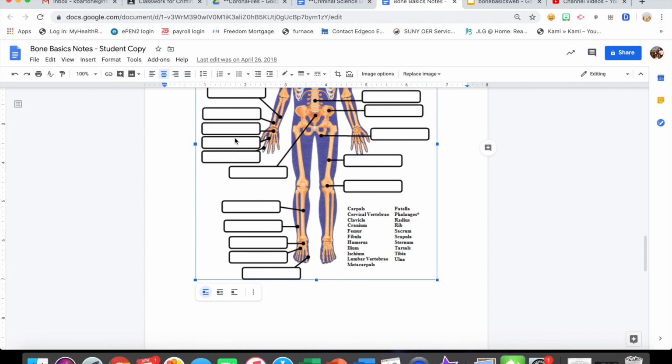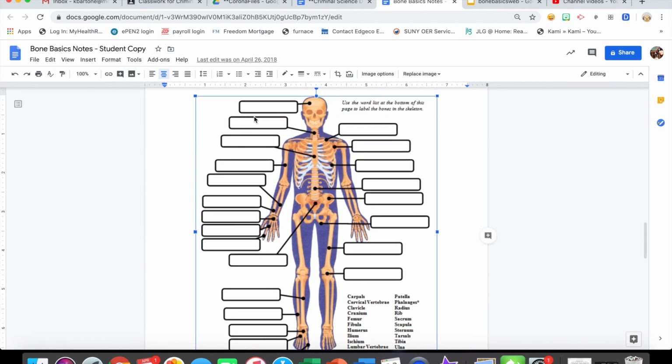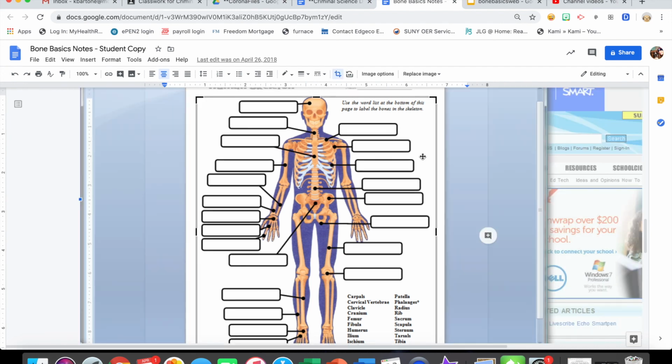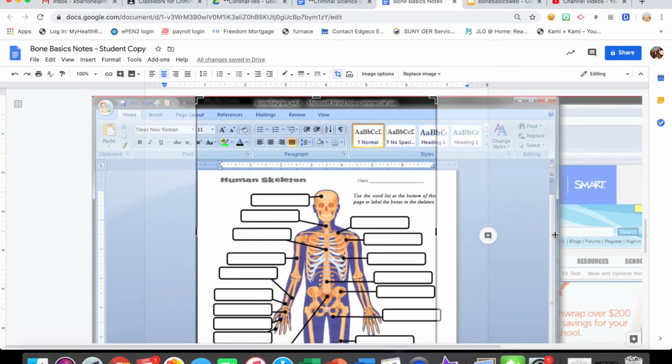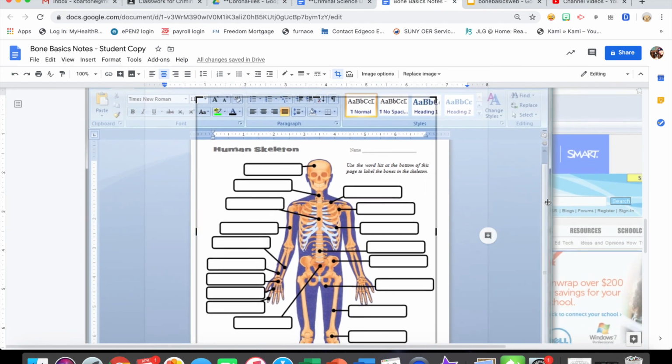You can't currently, but before I post this for you, I will add in text boxes. You will likely have to double click on this picture and it will bring you to an editing screen. I don't even know what that is.